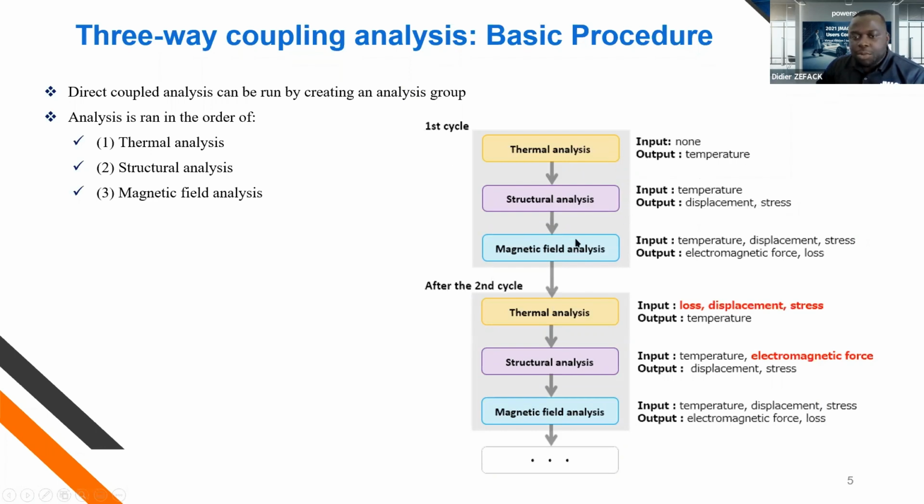And in the last part of the first step, you will have the magnetic field analysis, where you will evaluate the electromagnetic forces and the losses based on the output data of the thermal and structure, so the temperature, displacement, and the stress. And then in the next cycle, it will do the same process and so on.